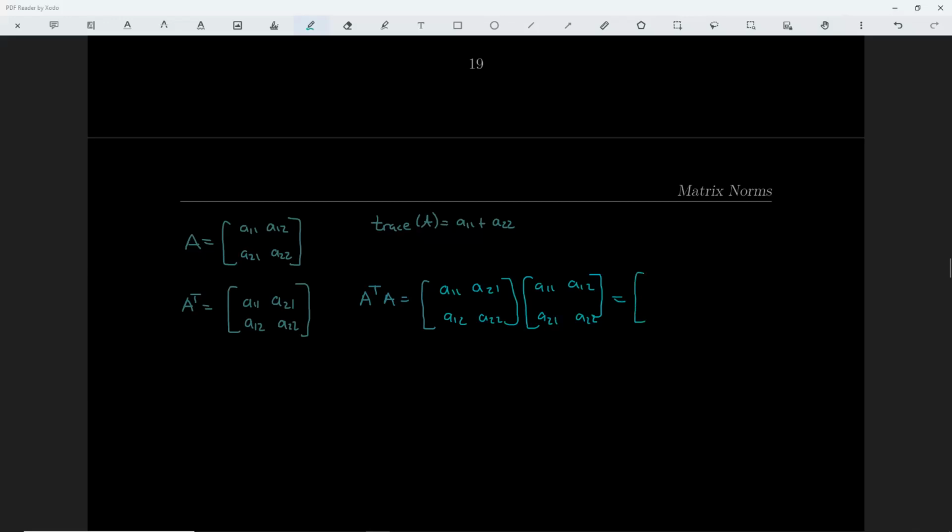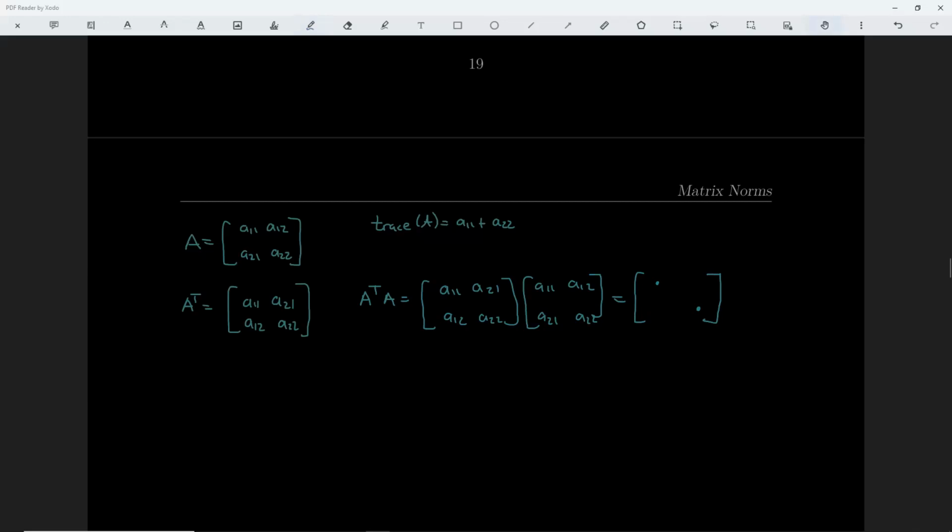That 2 by 2 matrix multiplied by another 2 by 2 matrix is going to be another 2 by 2 matrix. Let's compute the elements on the diagonal, because the trace operator sums up the diagonals.